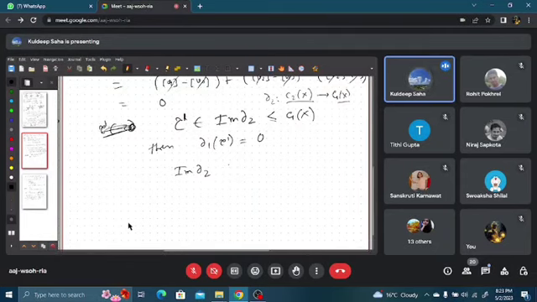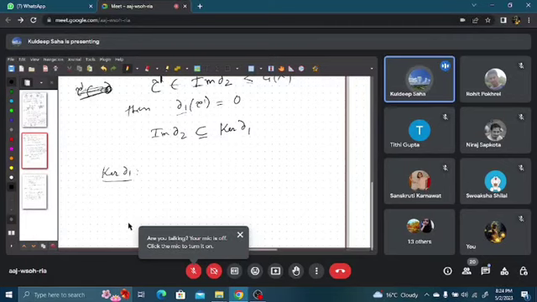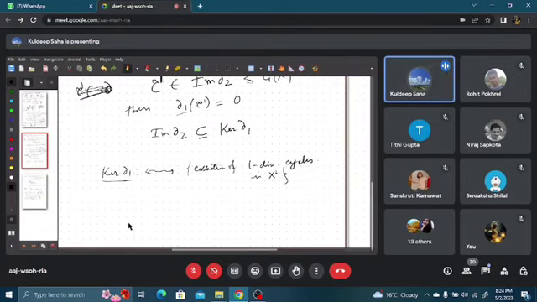Okay. So what is the intuition behind defining all this? The kernel of delta 1 is essentially computing the one-dimensional cycles. But just counting the kernel of delta 1 is not enough, because I want to compute the essential one-dimensional cycles.